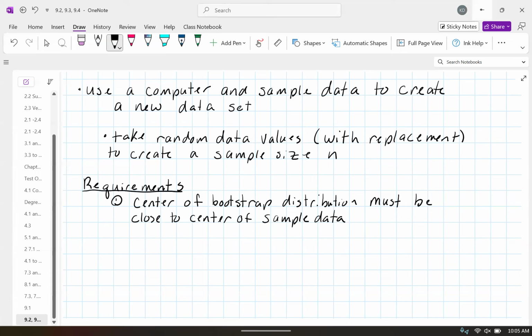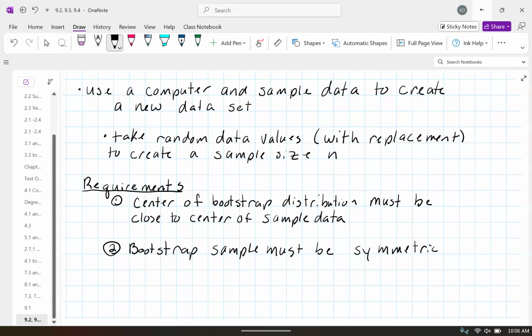And a second one, it needs to be symmetric. So if your original data is symmetric, and ideally it is, your bootstrap should also be symmetric.